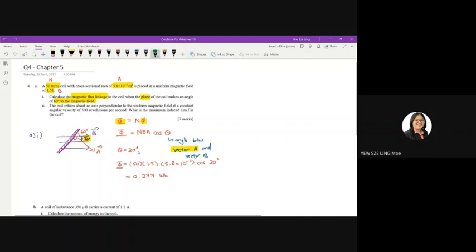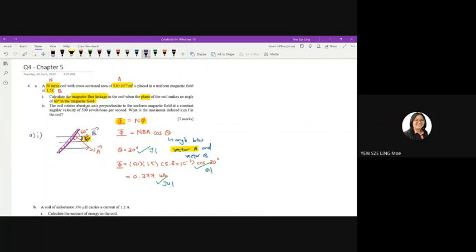So the first mark is given to the angle, if you understand the angle is 30 degrees. Then you substitute everything correctly, G1, and at last JU1. If you got the angle wrong, then G1 is wrong as well, and you are going to get a 0 mark in this question. So it's very important to understand what this theta means.